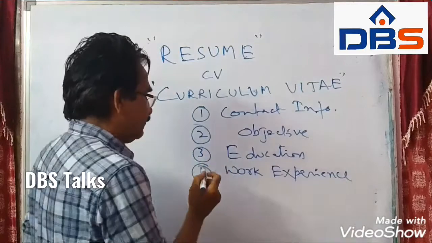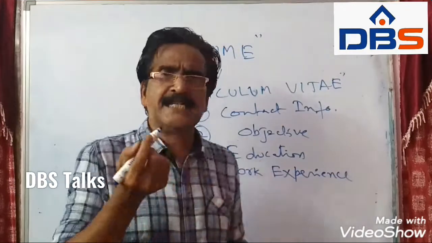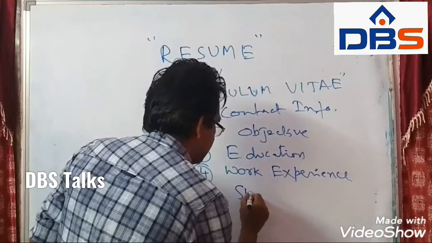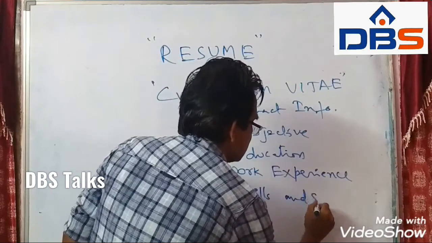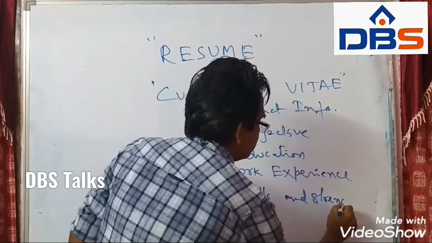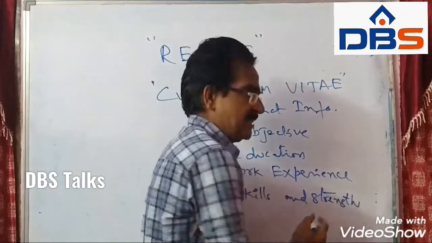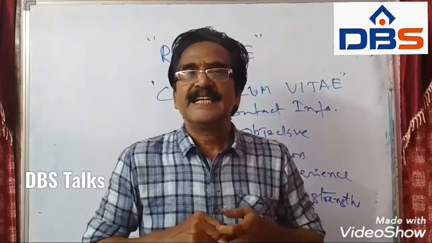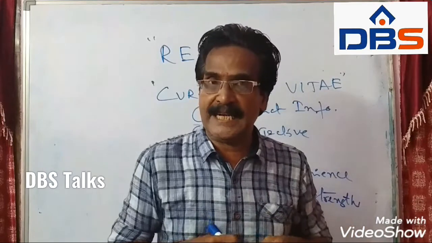Okay friends, next the fifth column you have to present is skills and strengths. What are your strengths? What are your skills? In which area are you highly skilled?